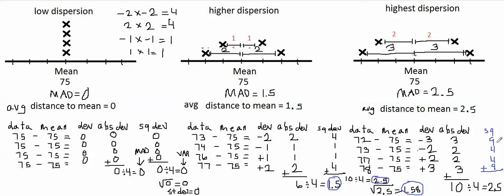And I can actually show you that that's true. To get the variance, we need to add all of these and divide by 4. So 18, 26 divided by 4.